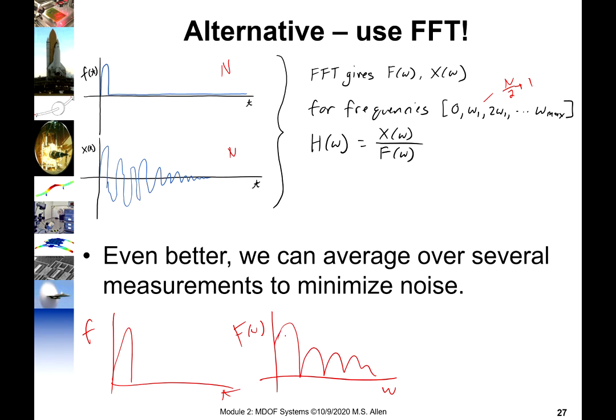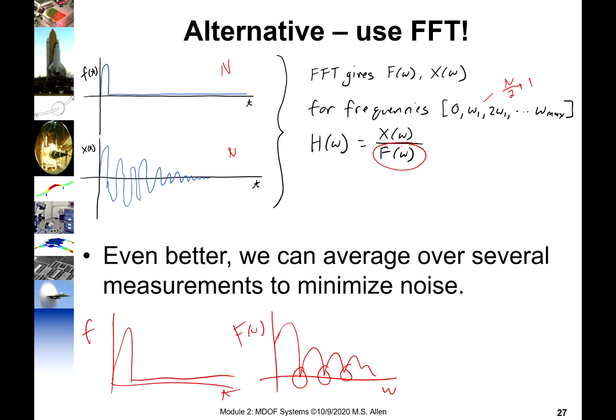And the length of the pulse governs where these little zeros happen. But these can become a problem because at all of these points we're going to divide by 0 in this denominator, and noise is really going to be amplified. And even if those aren't exactly 0, they're small and they can amplify. We're not putting much force in, so the response we get out does not give us a good measure of what really happens.